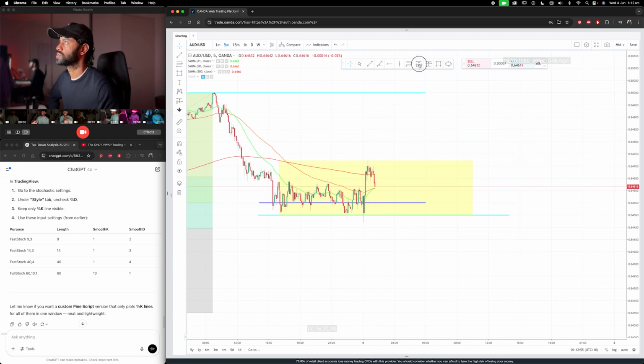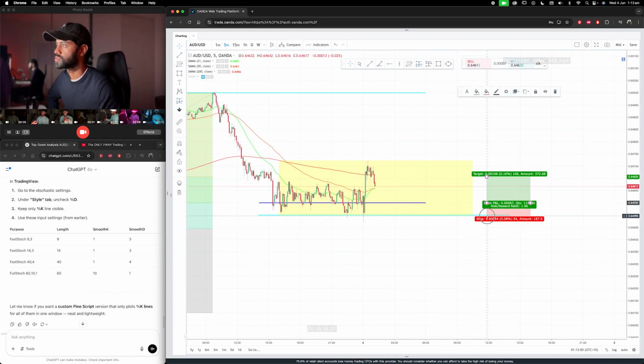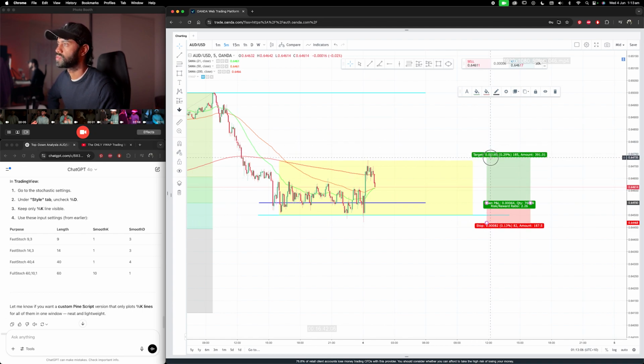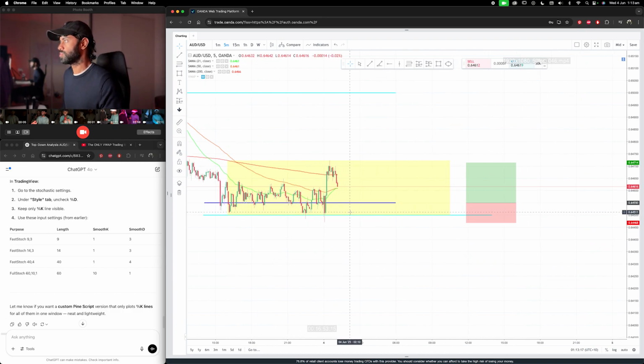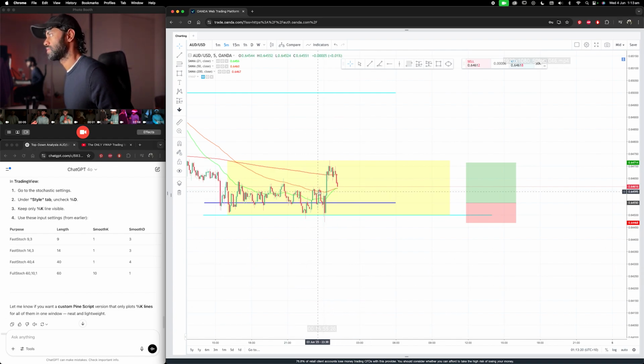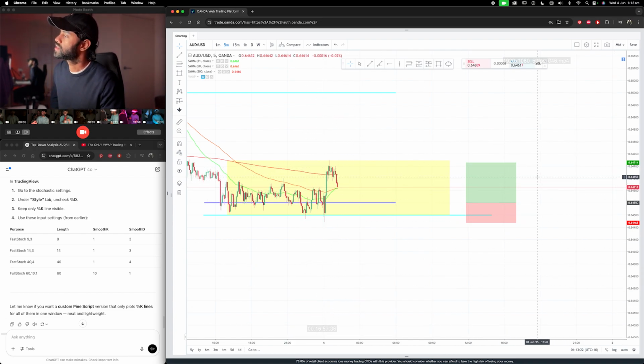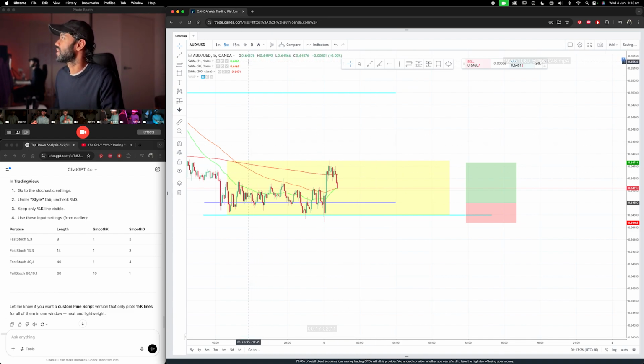Enter a long position. So I'll probably go here, set my stop loss just below, and then target a 1:2 ratio. If it touches the blue line, I would enter a buy market. That's my predictions in the 5-minute time frame.